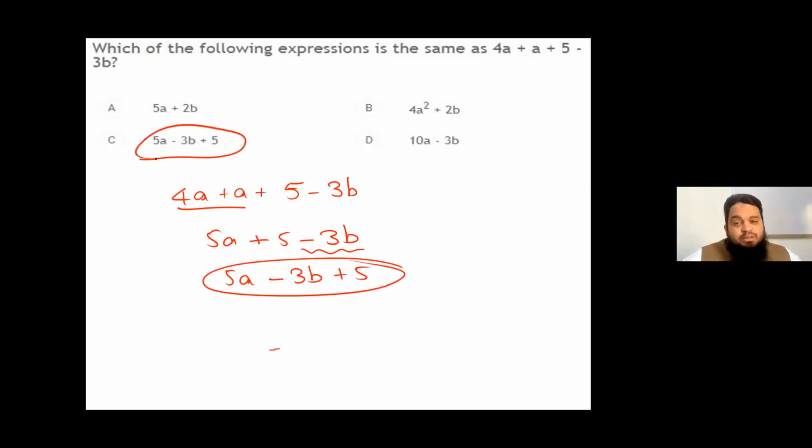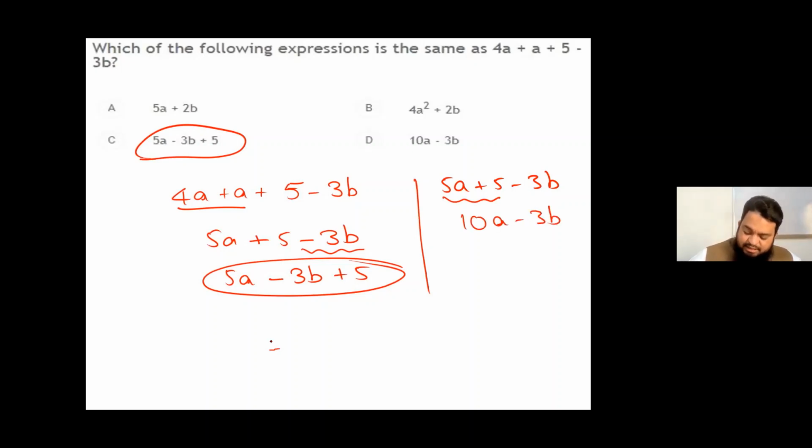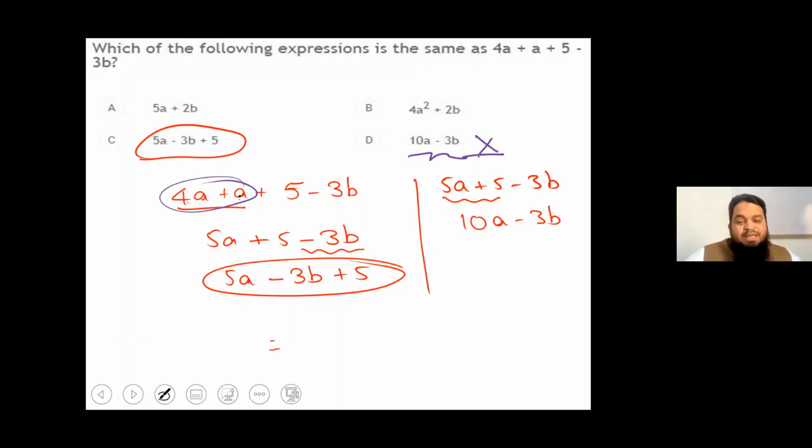See, my dear students, generally students make this mistake in a hurry. So when you get 5a plus 5 minus 3b, in a hurry, we do it as 10a minus 3b. This is the reason he has given this answer also. But it is not the answer. And here also some students may make a mistake. 4a plus a, instead of adding, you will do it as multiplication.